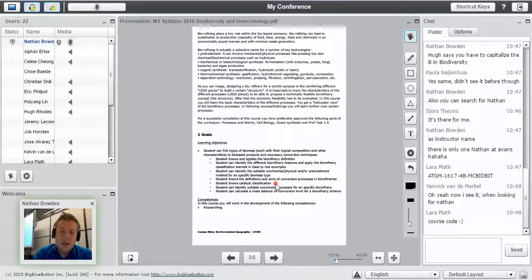So catalysis is the verb of what catalysts do. Identify suitable conversion processes for a specific biorefinery, so let's say amino acids or proteins or biofuels. And calculate mass balance and conversion level for a biorefinery scheme, a conceptual design, let's say. And that's exactly what you need to do for your project.